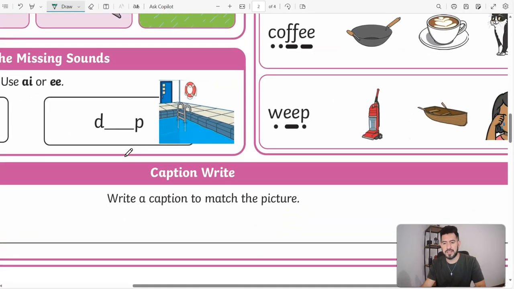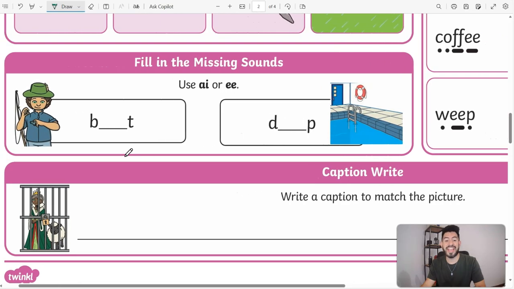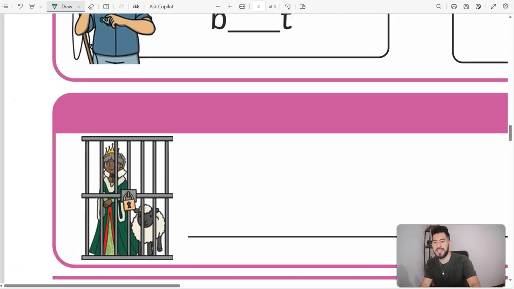The very last activity is the caption write, okay? You need to write a caption, a phrase, a sentence, okay, some words to match the picture. If you look at the picture there, you can see the queen, an animal. What animal is that?